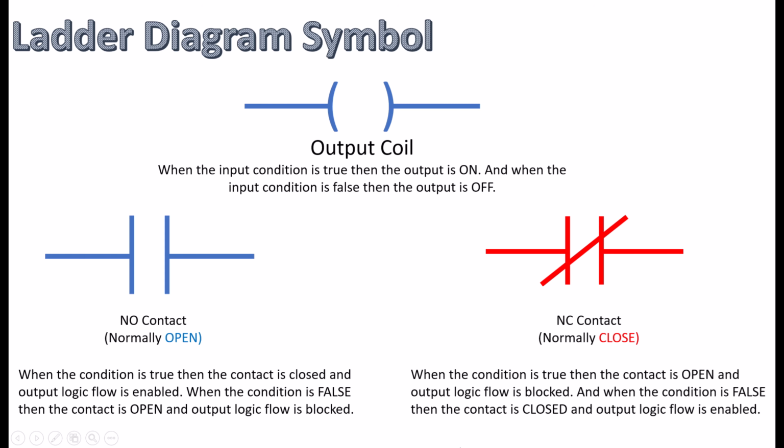It's useful for scenarios where you want a device to remain active until a condition is met, at which point it turns off. These three elements, the output coil, the NO contact, and the NC contact, are the foundational building blocks of your PLC logic. Together, they allow you to create intricate control systems that can handle everything from simple on-off operations to complex sequences.